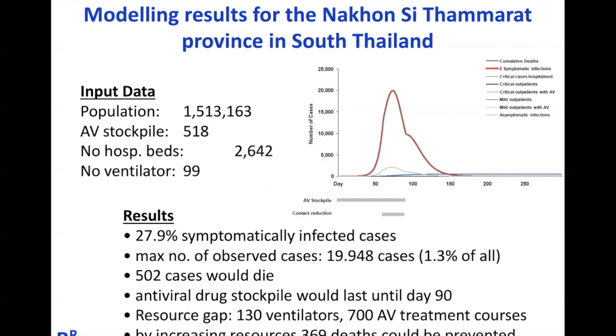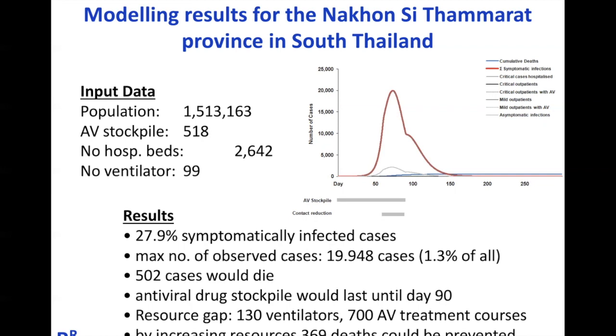It's bigger than in the other. Antiviral drug stockpile would last until day 90 only, so for a longer period of time, they would run out of resources. That's what we see also, the resource gaps for ventilators and for treatments would be pretty high. And by increasing resources, we calculated that quite a few deaths could be prevented.